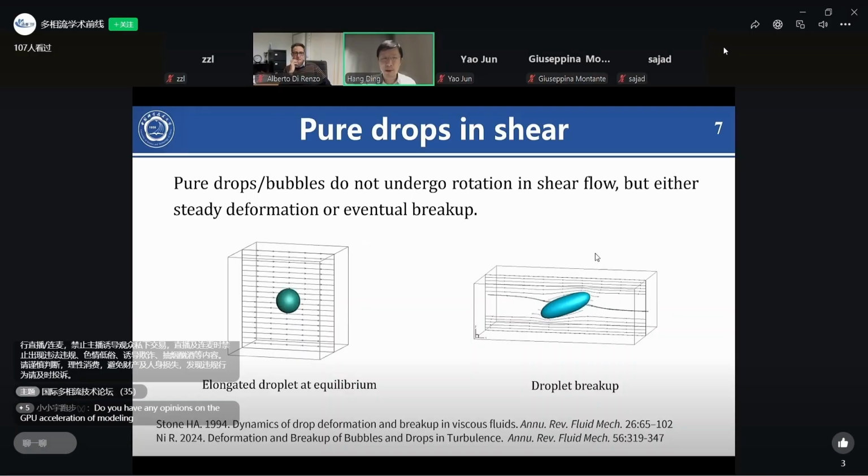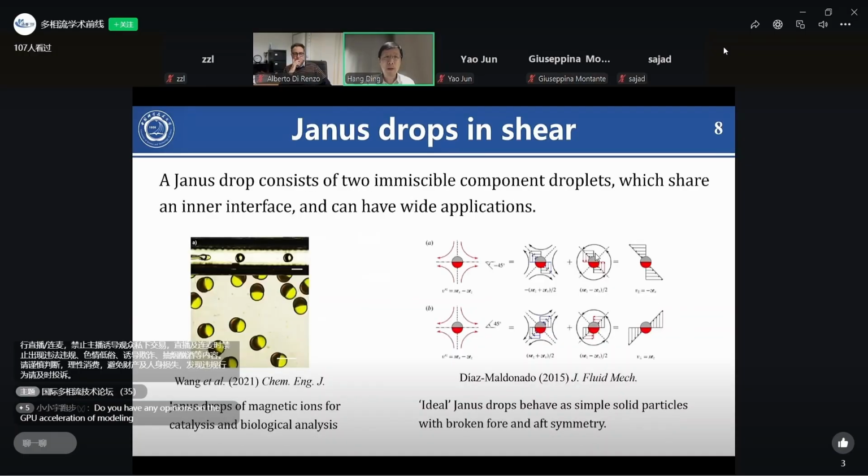fascinating. Here we consider a different kind of droplet, that's the Janus droplet. The Janus droplet means the droplet consists of two immiscible component droplets. These droplets share an interface, they are in contact, and can have wide applications as I show here, for example, the magnetic ions for catalysis or biological analysis.